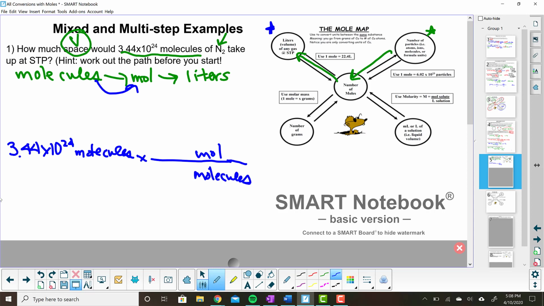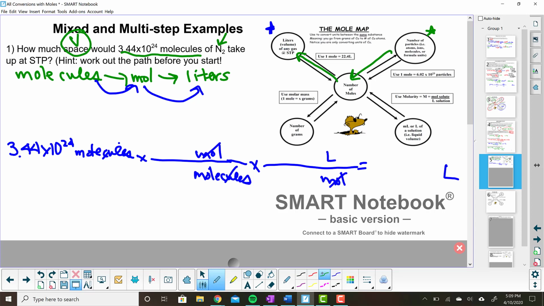But I don't need to plug in any conversion factors yet. Hold on that for right now, because I still have one more step. From moles, and I know that the molecules are going to cancel out because they're on opposite sides. Now I need to get the moles to cancel out. So moles is going to be on the bottom, and liters is going to be on the top. So I should end up, because the moles are going to cancel out, in liters.